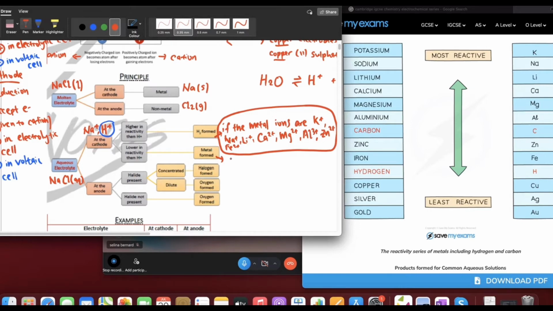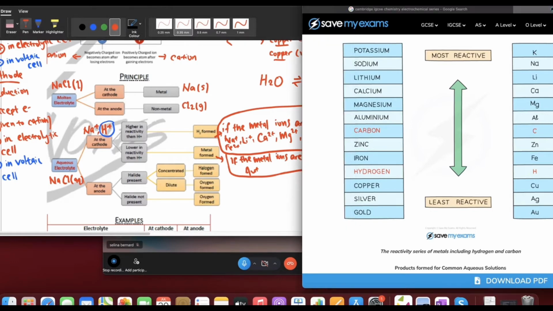If the metal ions are Cu2+, Ag+, and Au+, then they will form metal. Okay, so basically we can just remember it in that way.